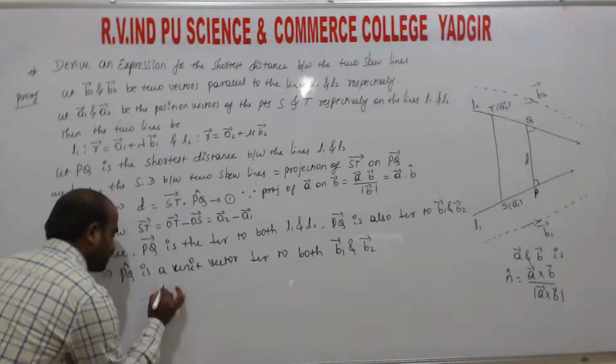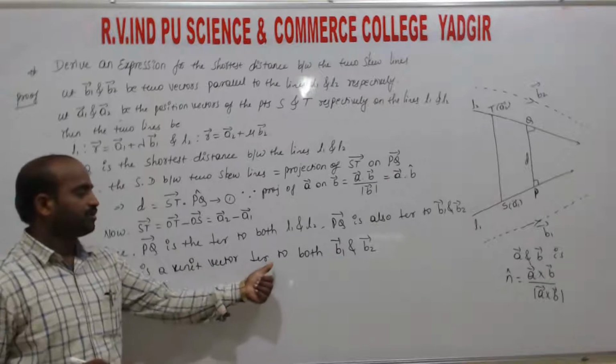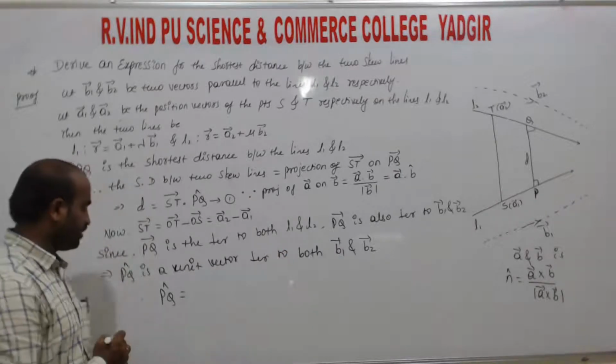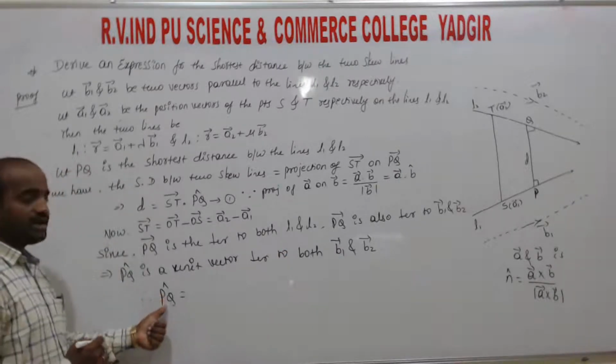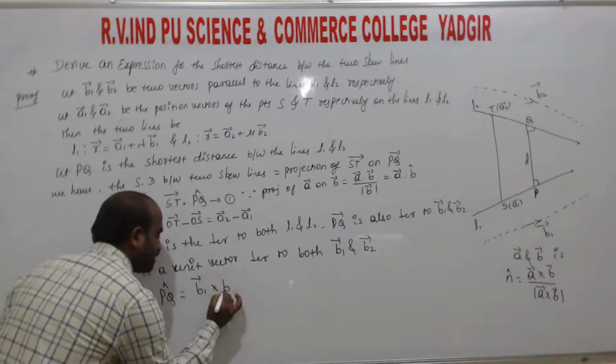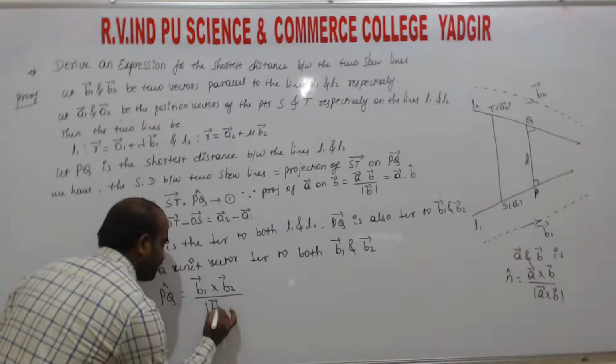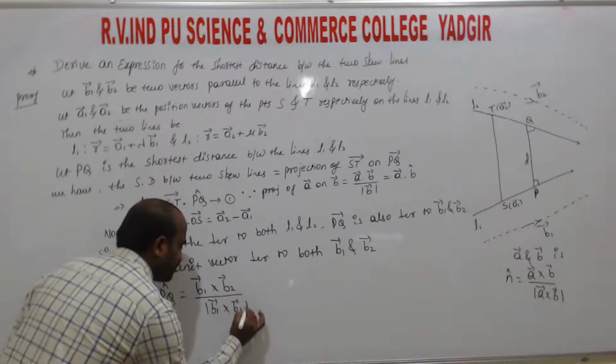Therefore, PQ cap is equal to B1 cross B2 divided by the magnitude of B1 cross B2.